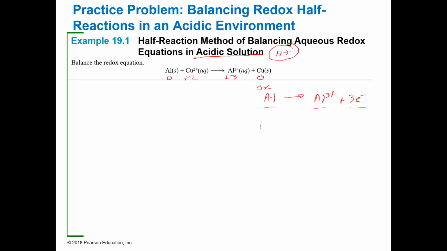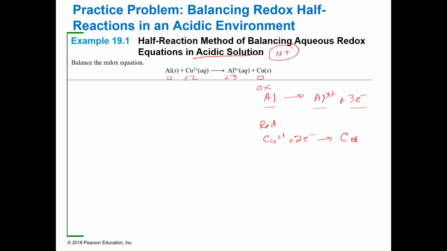So the other reaction has to be a reduction half reaction. Well, we have copper 2 positive, gains 2 electrons, and it becomes copper solid, or just plain copper. I'm not worried about the states. You should, but like I said, I'm just skipping that. So that's the reduction half reaction.